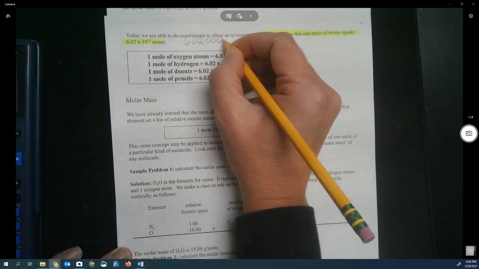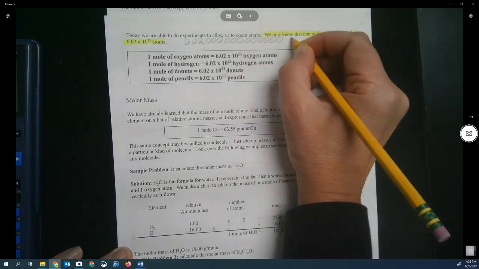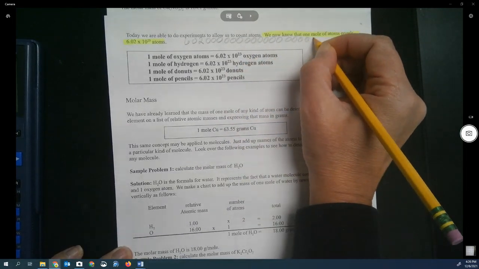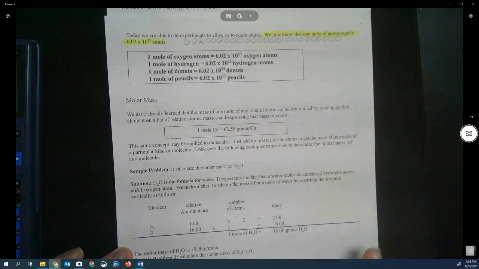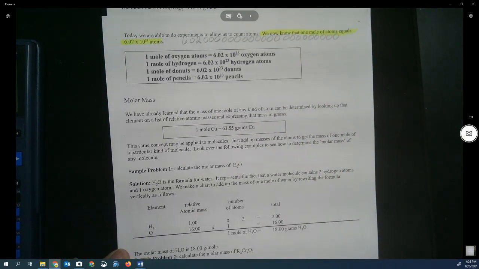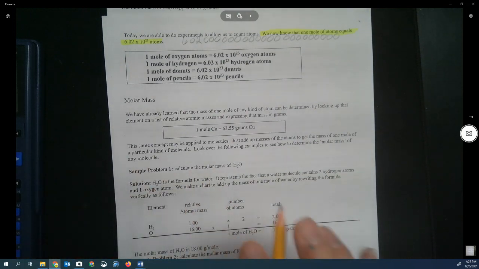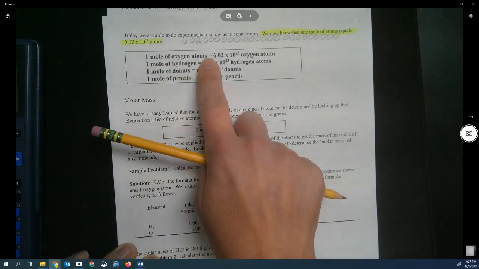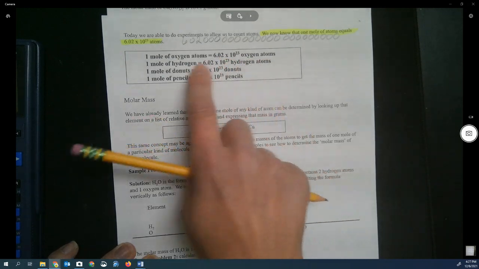So 1, 2, 3, 4, 5, 6, 7, 8, 9, 10, 11, 12, 13, 14, 15, 16, 17, 18, 19, 20, and 21. So it's a rather large number, which is why we want to use scientific notation, 6.02 times 10 to the 23rd. All right, so 1 mole of oxygen atoms equals 6.02 times 10 to the 23rd oxygen atoms.